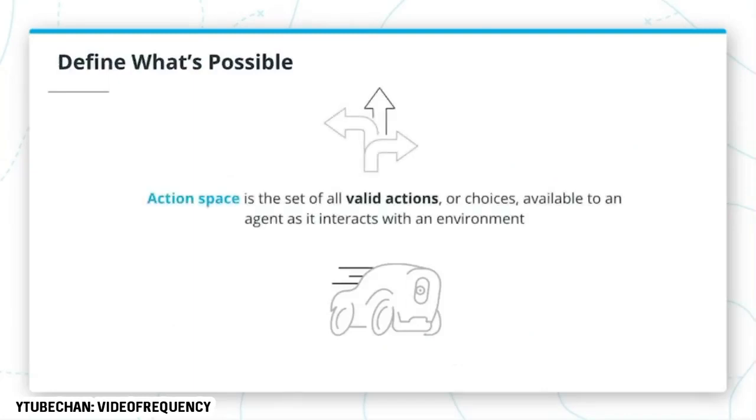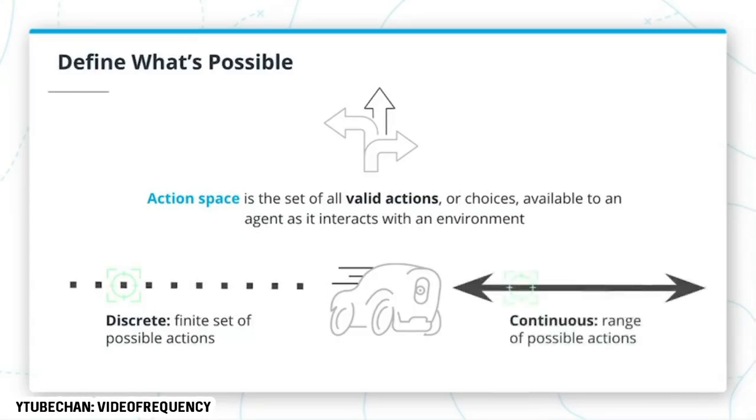The set of all valid actions or choices available to an agent as it interacts with an environment is called an action space. In the AWS DeepRacer console, you can train agents in either a discrete or continuous action space. A discrete action space represents all of an agent's possible actions for each state in a finite set of steering angle and throttle value combinations.